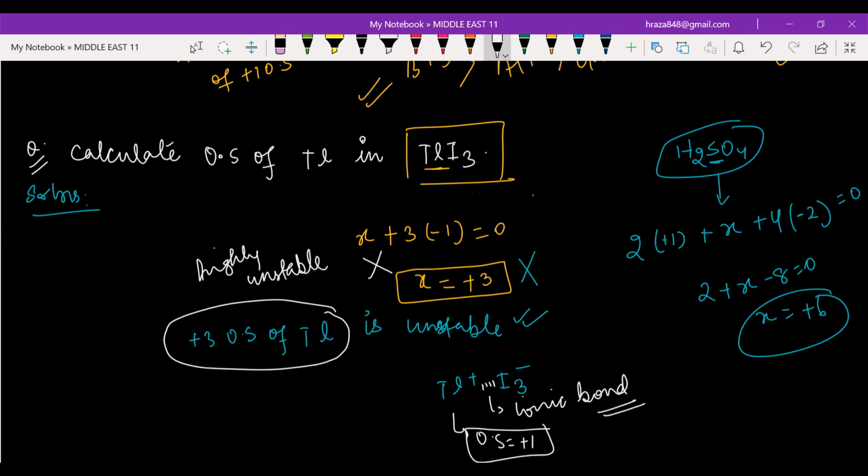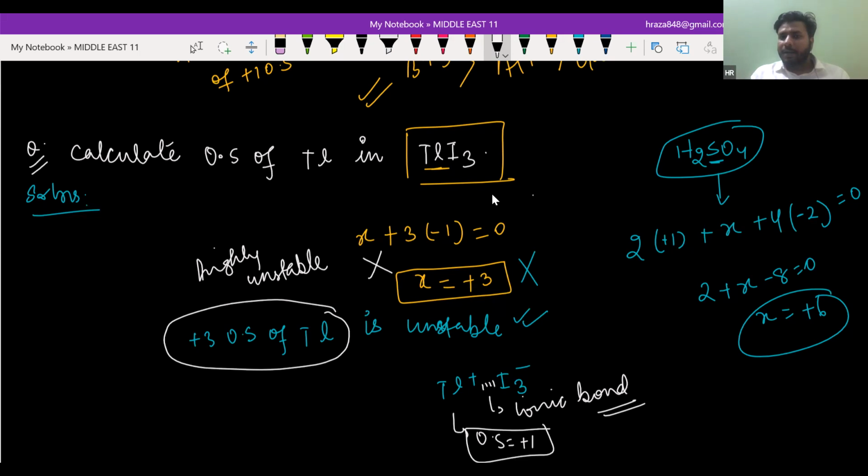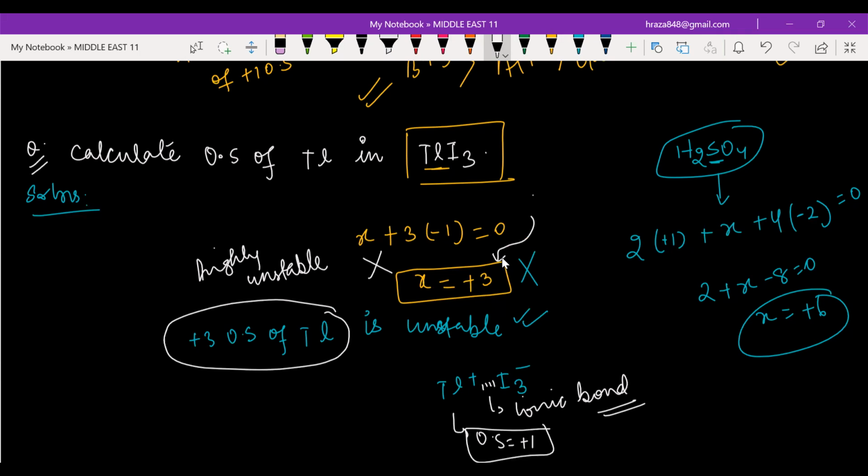And if I am giving you a compound TlI3, and if you are going by the basic concept to find the oxidation state of thallium, it will come out to be +3 oxidation state. Is that clear? Yes, sir. But it cannot be +3 oxidation state because it is highly unstable in this state.